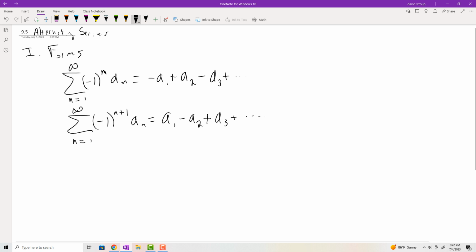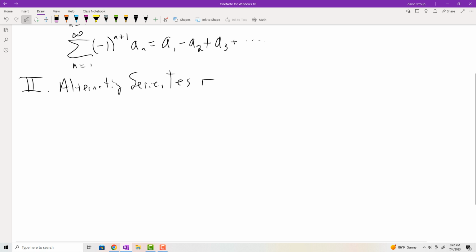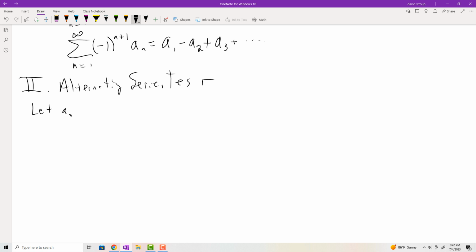Okie dokie. So what is the alternating series test? Well, it's pretty easy to apply. You'll say the a sub n portion is going to be positive. Non-negative would include 0, so I should say positive. Okay, let a sub n be positive, so it can't equal 0.